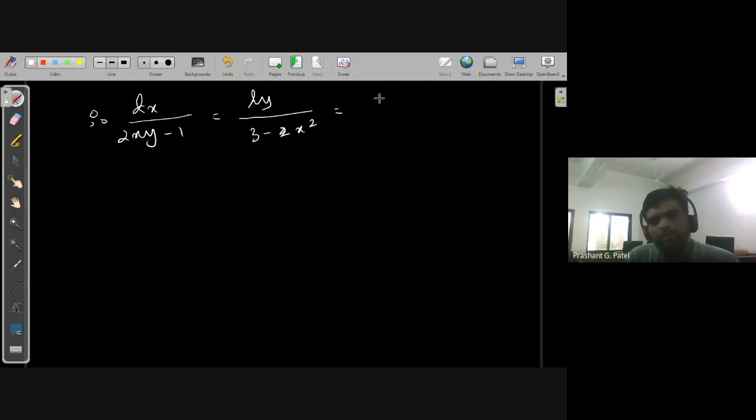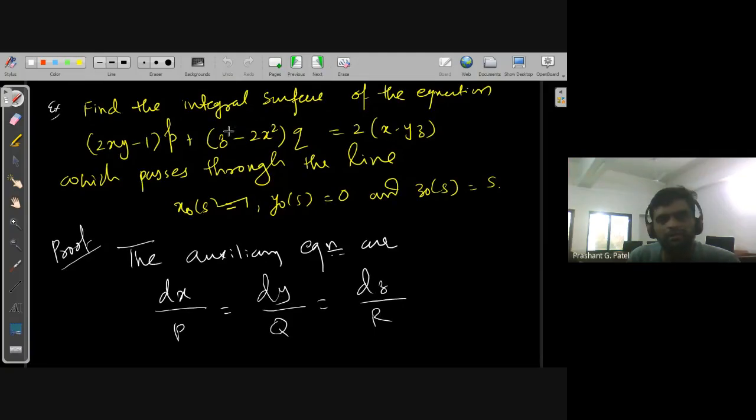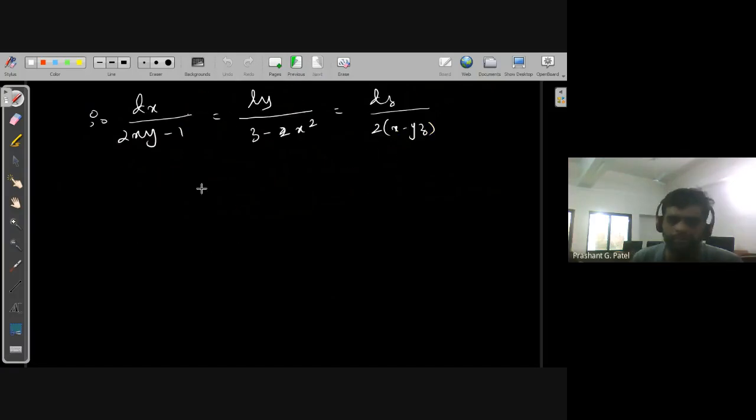So that will give me dx upon 2xy minus 1 equal to dy upon z minus 2x square equal to dz upon 2x minus yz. You can just see that we have these three values here.